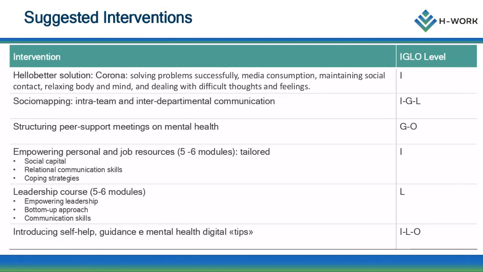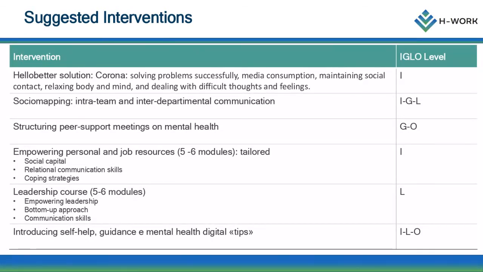This is basically an individual training intervention that focuses on equipping individuals to deal better with the COVID-19 situation. Successful problem solving. How do you consume all the information you get from the media? How do you maintain social contact in this very stressful situation? Relaxation exercises for body and mind, and dealing with difficult thoughts and feelings about the COVID-19 situation.